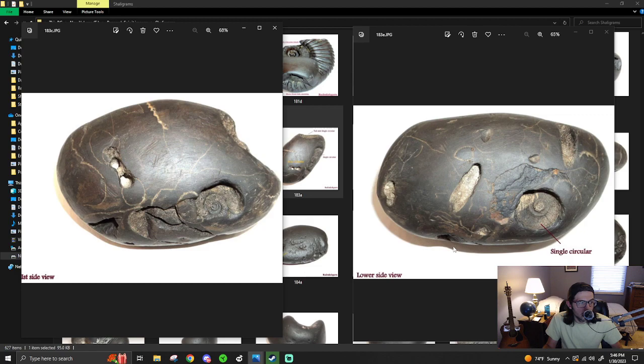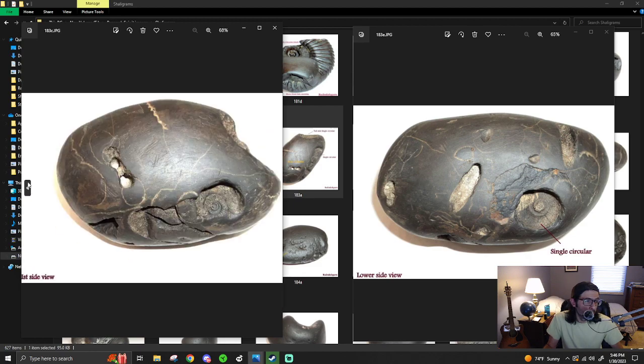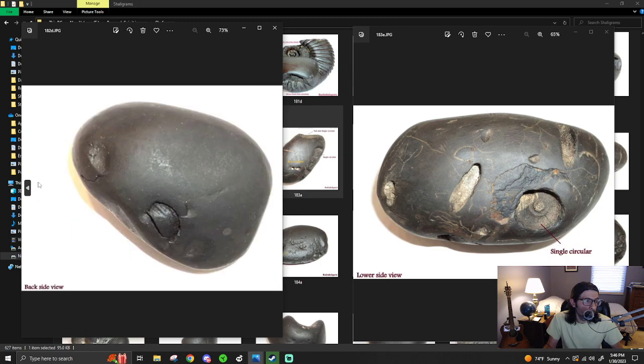So, right. No better angles of that side. Darn.